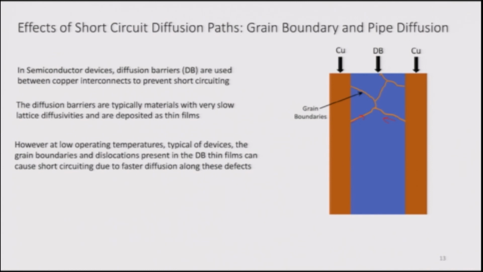Similarly, there may be the dislocation present inside this diffusion barrier, which will also act as short circuit diffusion path, leading to short circuiting and the subsequent failure of the device.